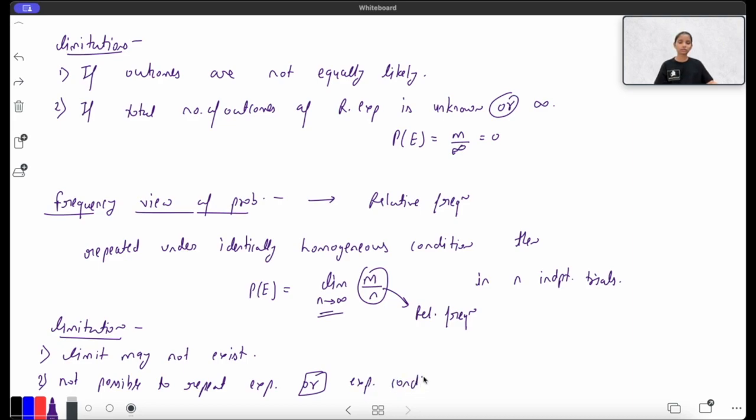I will give you some example where it is not possible to repeat the experiment, just hold on a bit. So this is the frequency view of probability, and that was the classical view of probability, where we consider the outcomes to be equally likely.